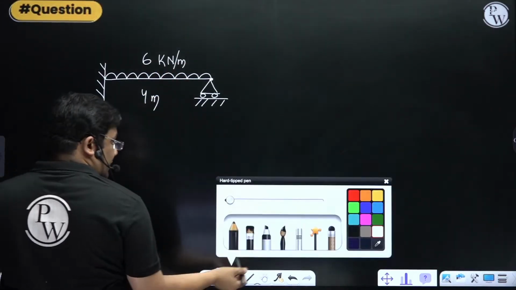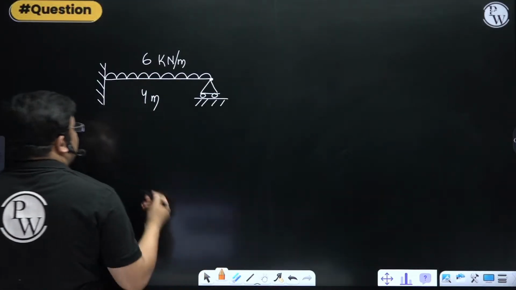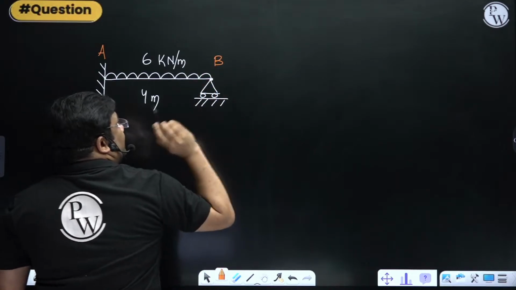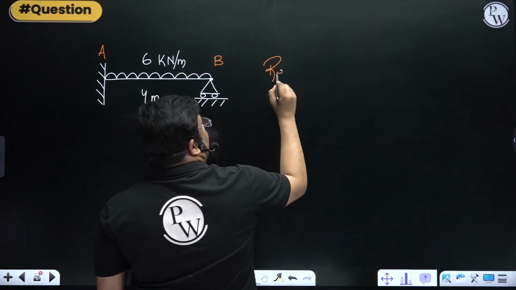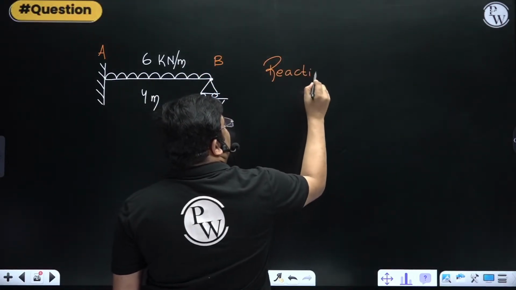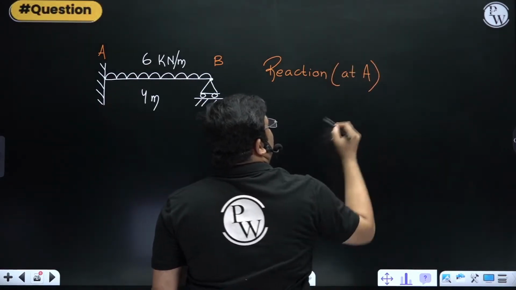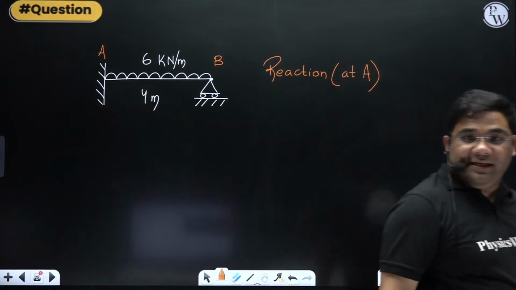Okay, this is the A end, suppose, and this is the B end. It is asked to find out the reaction at A, actually. Okay, reaction at A. That is very easy actually.